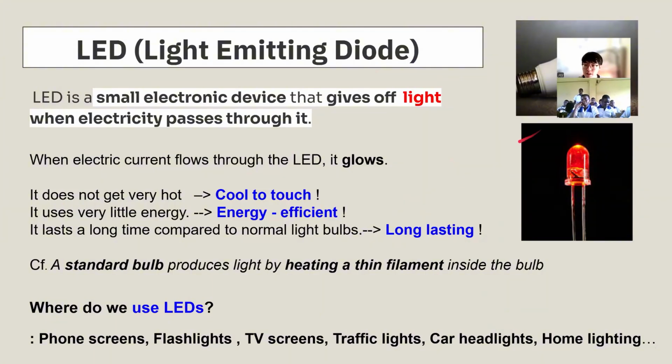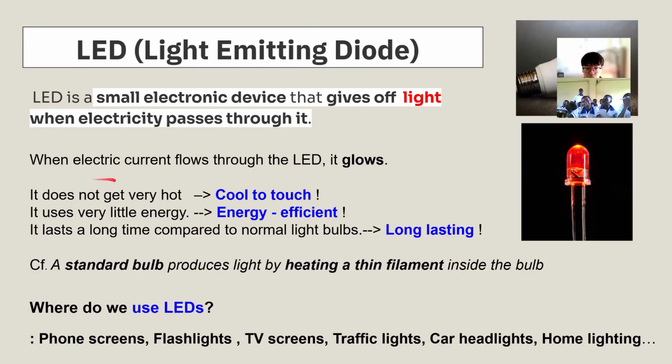Now let's all look at this new concept called the LED. So what is LED? LED is a light emitting diode. That's the name. And it is a small electronic device that gives off light when electricity passes through it.